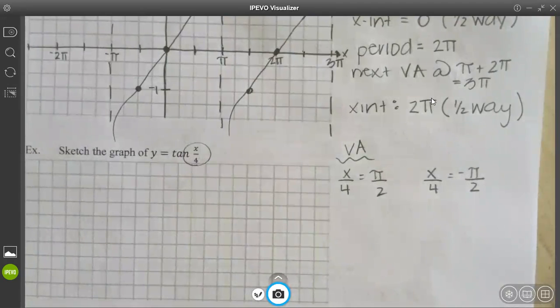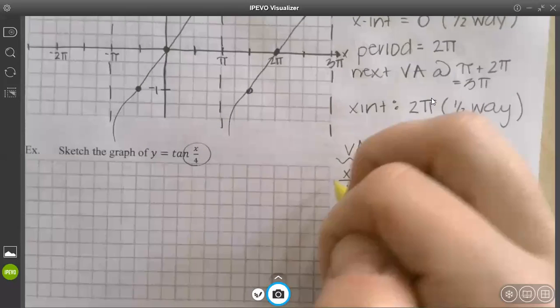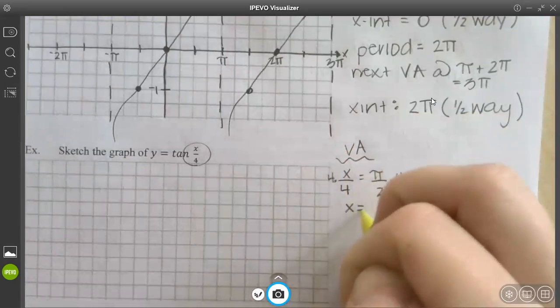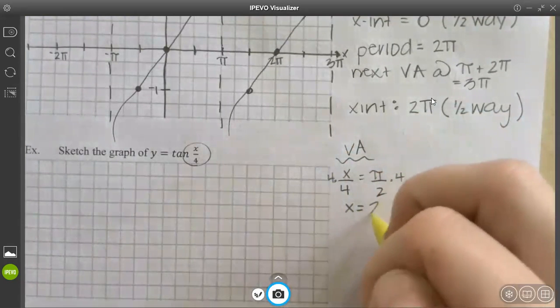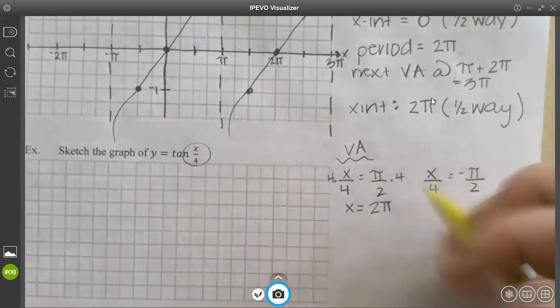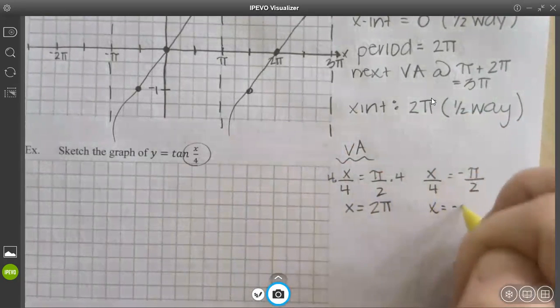What do I do now? How do I solve for x? Multiply by 4. That gives me x equals 2 pi. Notice how it got better. This side is going to be negative 2 pi.